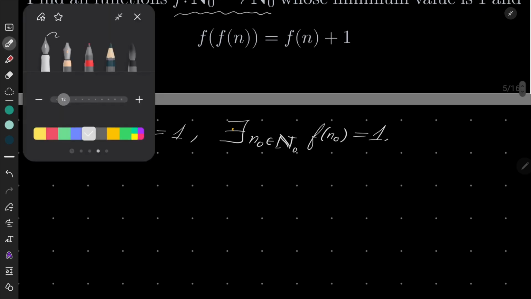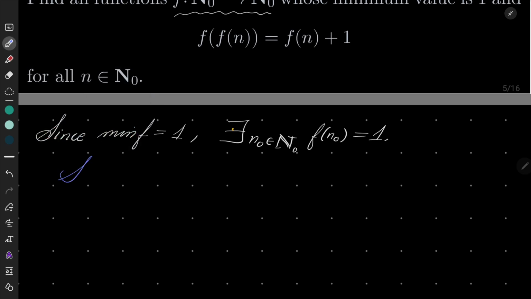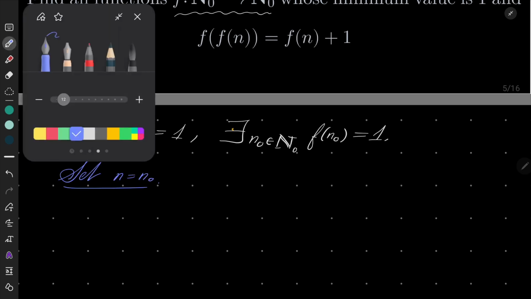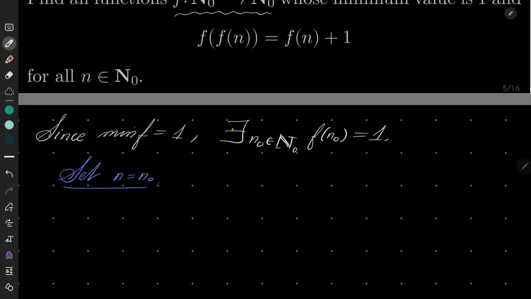Okay, and now I will set n equals n sub 0. What happens then? Well, in our equation, f of n sub 0, from our assumption, is 1. So we get that f of 1 equals 1 plus 1, which is 2.